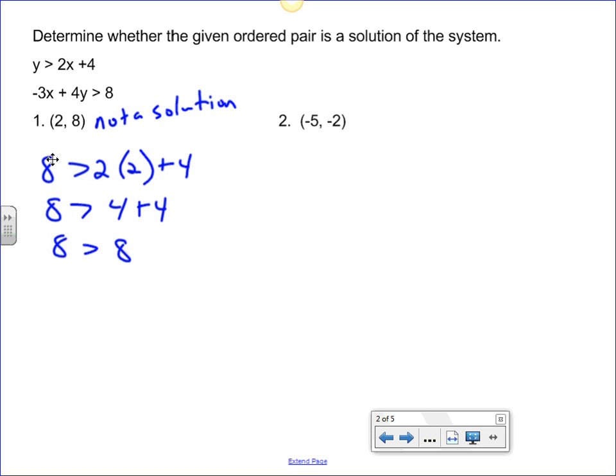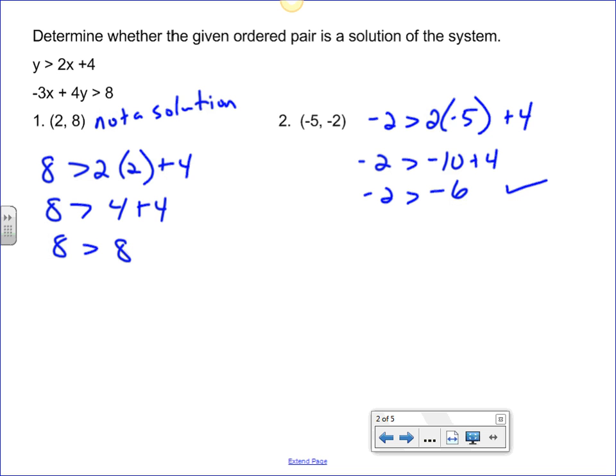Okay, in the second one, if I plug it back in, this would say negative 2 is greater than 2 times negative 5 plus 4. So is negative 2 greater than negative 10 plus 4, which would be negative 6? Is negative 2 greater than negative 6? Yes.